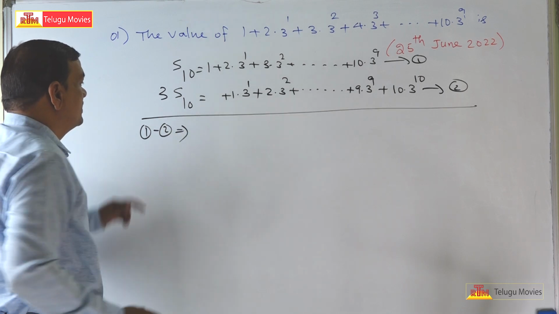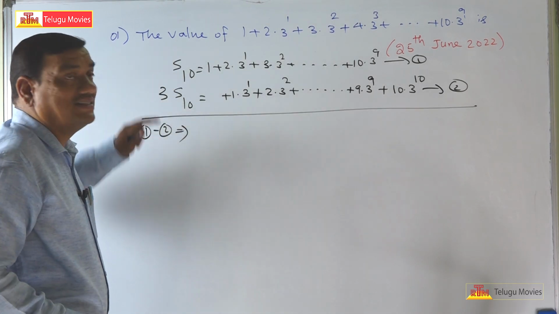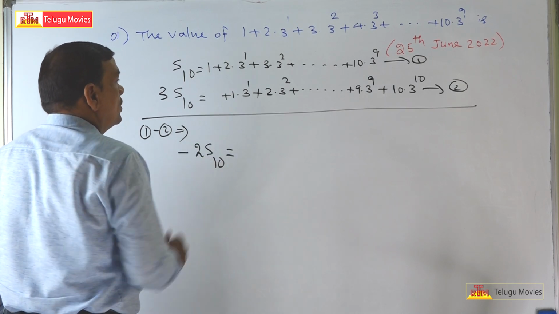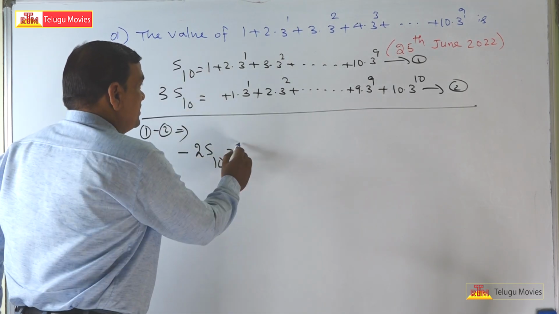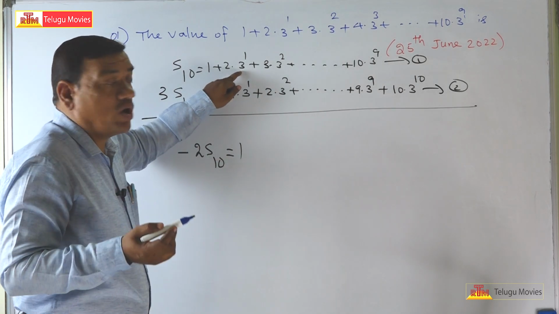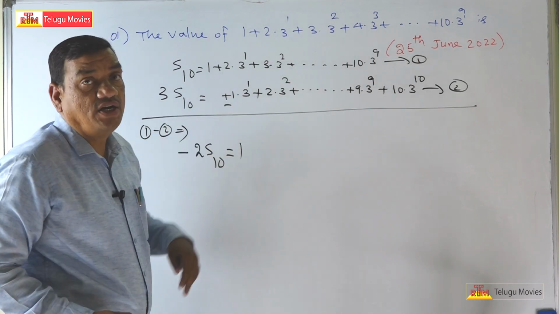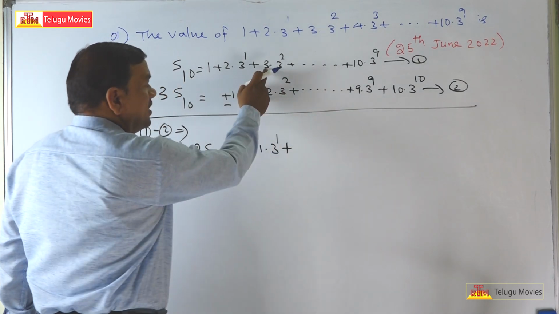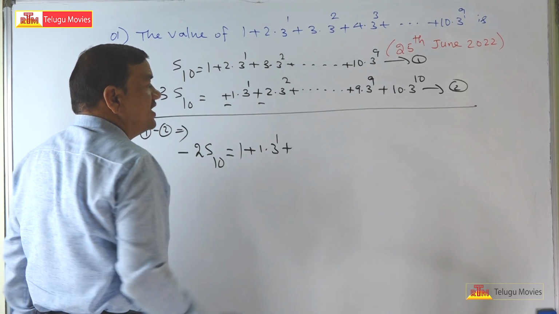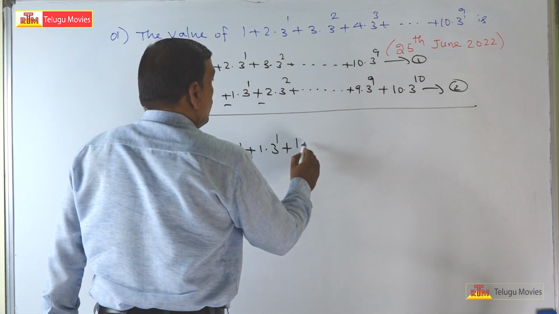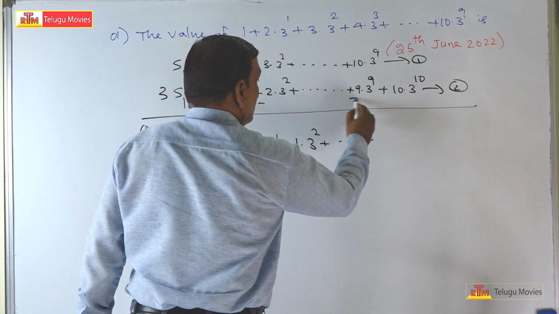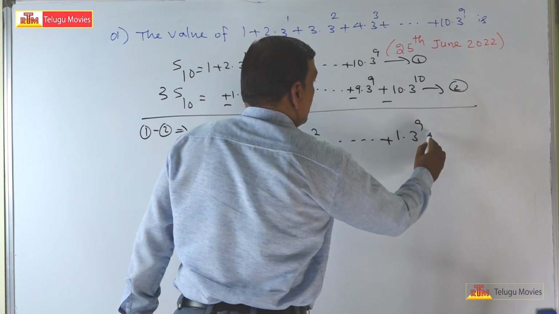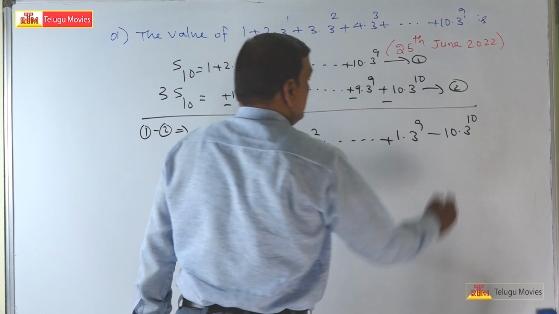Now let us subtract the second equation from the first equation. S10 minus 3S10 is equal to minus 2S10. Here 1 remains as it is. 2 into 3 power 1 minus 1 into 3 power 1 is 1 into 3 power 1. 3 into 3 square minus 2 into 3 square is 1 into 3 square, and so on, up to 1 into 3 power 9 minus 10 into 3 power 10.